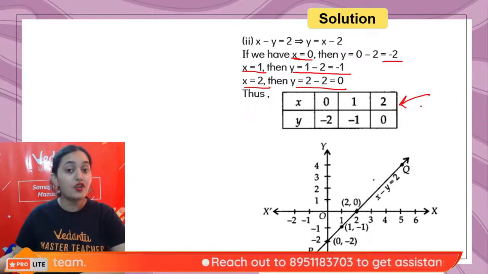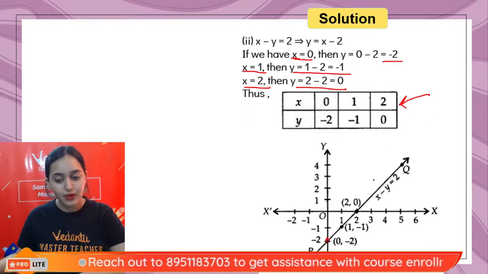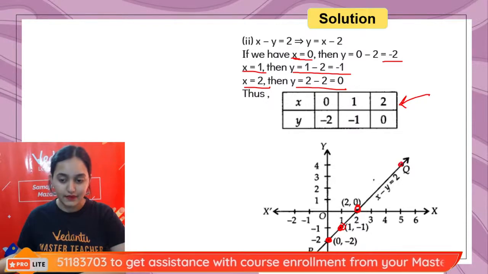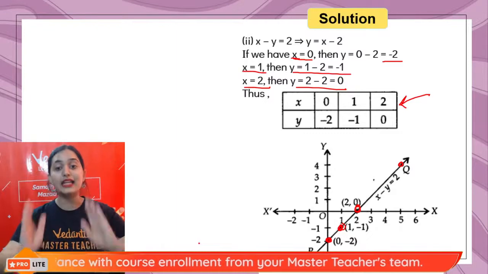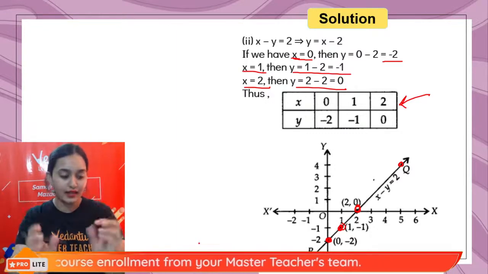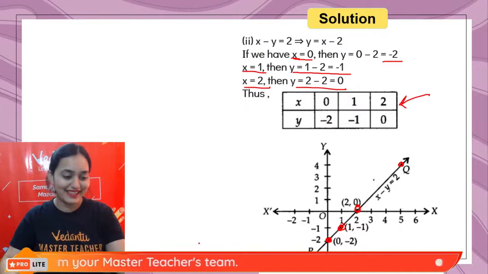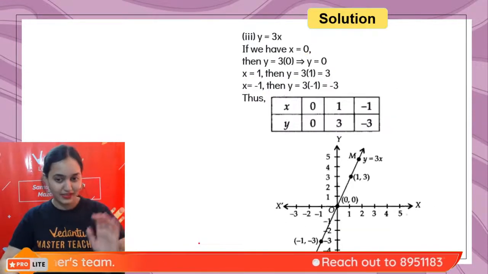Now once you have got the coordinates of the points, start plotting them. So one by one, we will plot the points, and then when we join them, we get a straight line, and that is the linear equation graph. Simple or not? Very simple, right? Yes, it is very very simple.